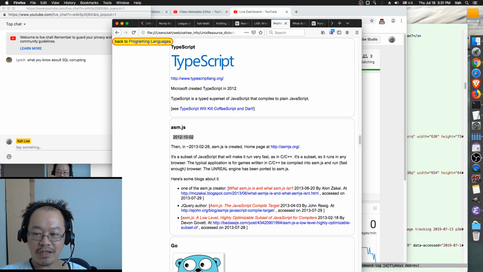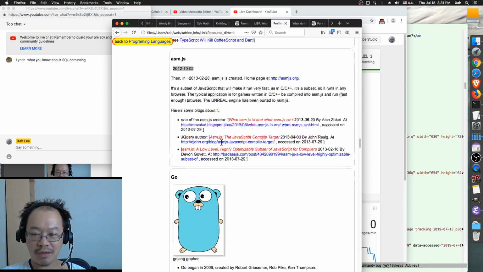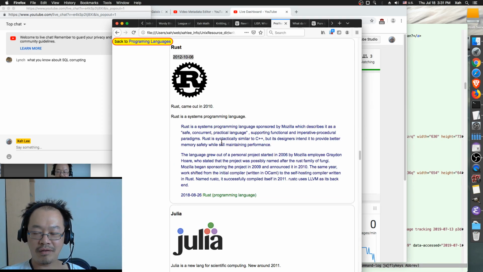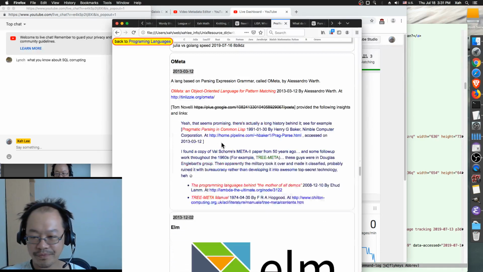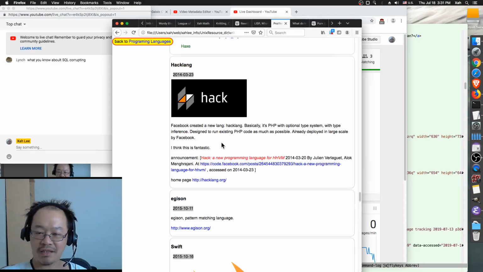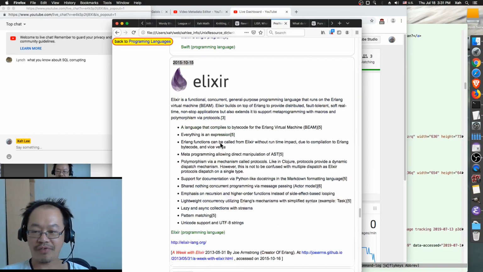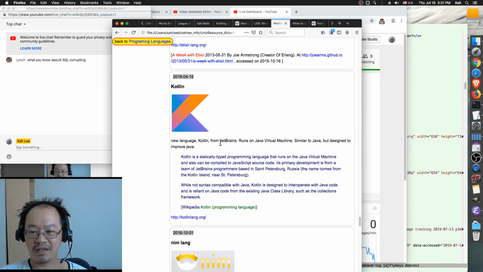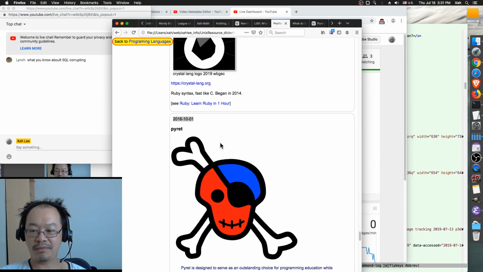So anyway, this page, a list of languages: TypeScript, Go, Rust, Julia, Meta, Elm. There's so many hacks, Hack, Swift, Elixir, Kotlin, Nim, Crystal.